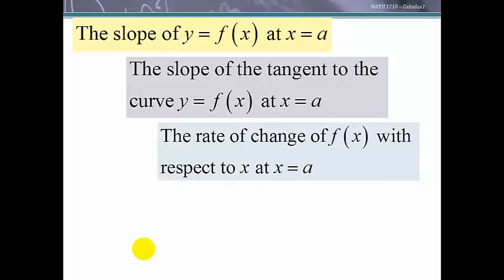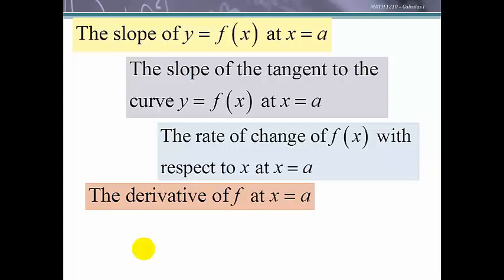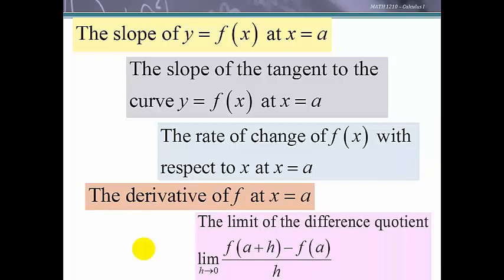The rate of change of f of x with respect to x at x equal a, the derivative of f at x equal a, the limit of the difference quotient as h goes to 0, and all of these give this same concept, and this is one of the main ideas in calculus, the idea of an instantaneous rate of change at a, or a derivative.